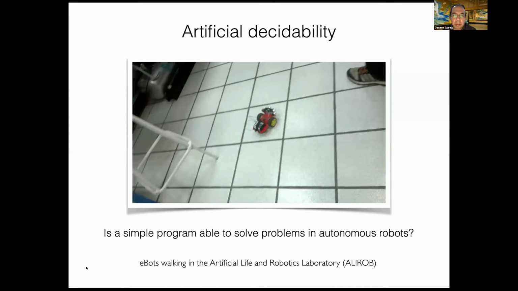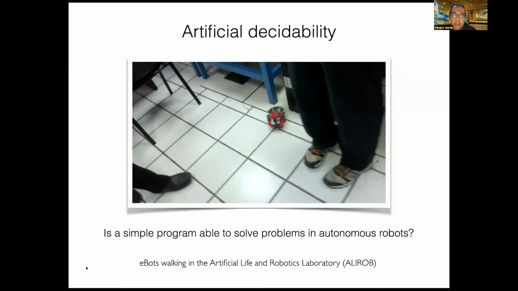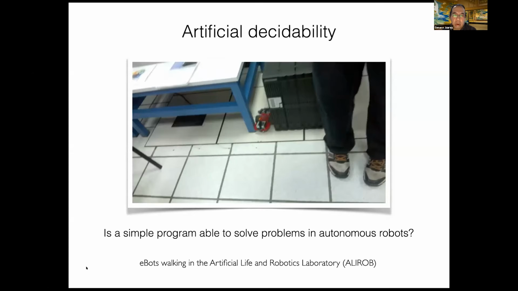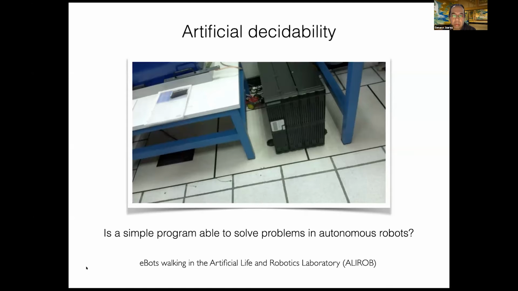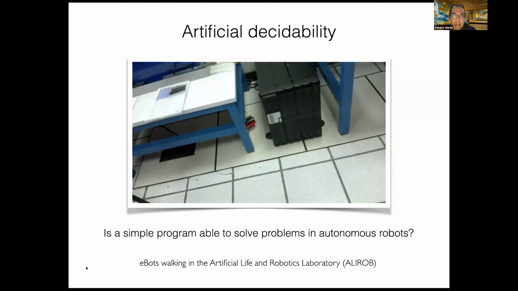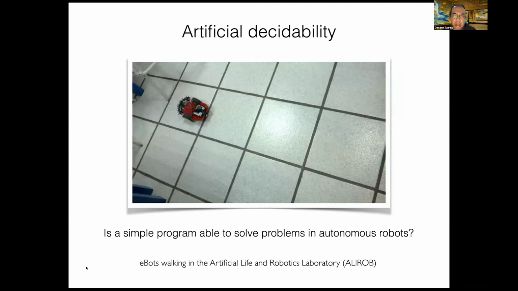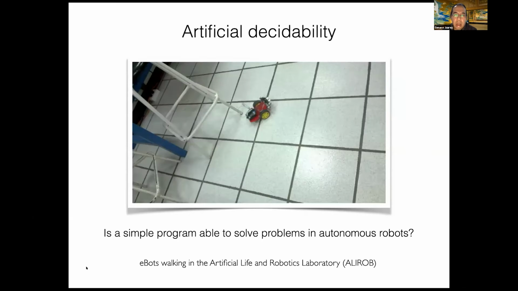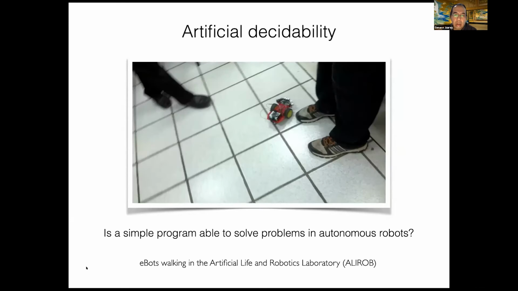In this direction, we can think about artificial intelligence, because it is not really complicated how the robot is able to find a solution for this problem. And the robot can work for many hours in this room.